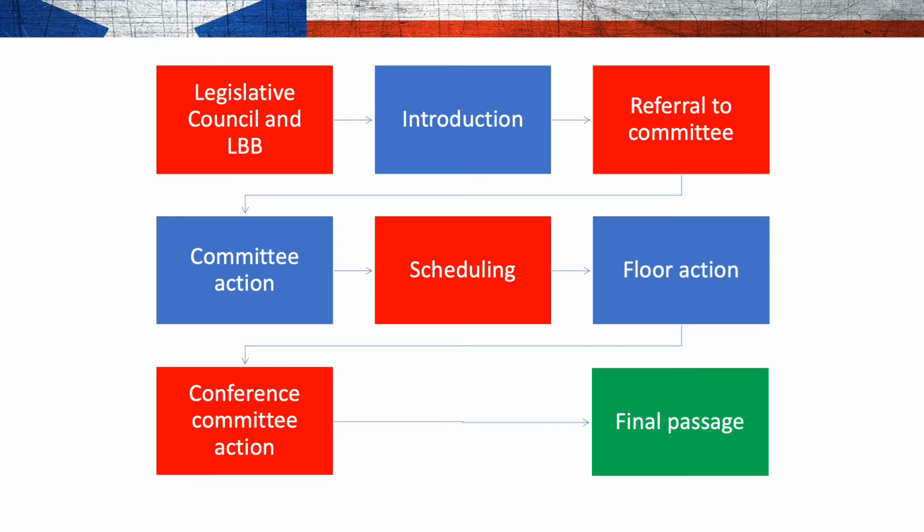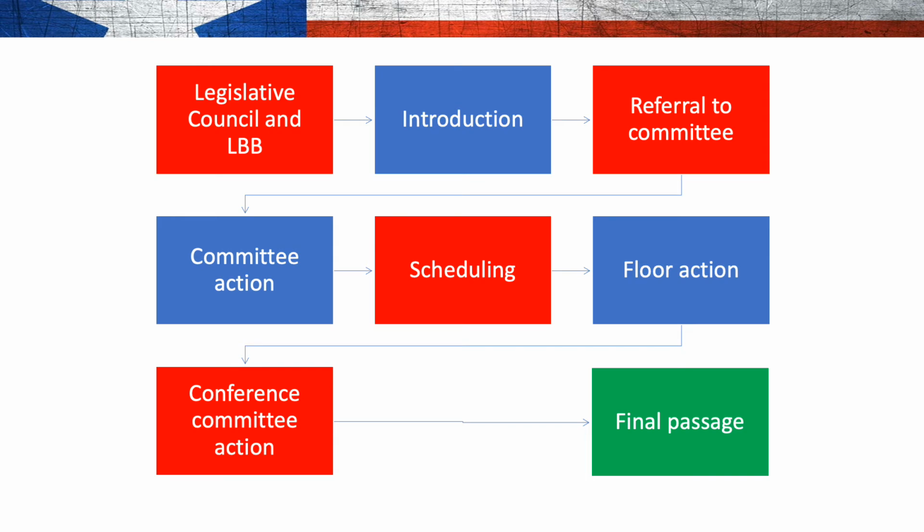And then the bill is introduced. It is referred to a committee. The committee takes some sort of action, so they approve or don't approve. If they approve, then it is scheduled to be heard by the entire chamber.